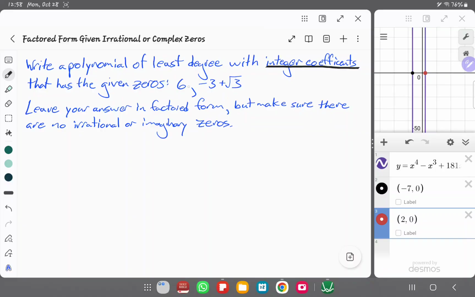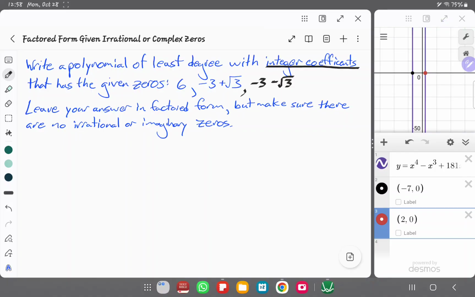And when it says it has these given zeros, I notice that there's one here with a root. Since our final answer should not have any roots, then I also know negative 3 minus root 3 should also be a root. So that's what I'm going to take into account when I go about this problem.